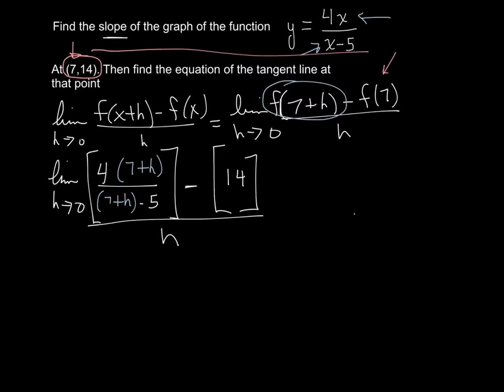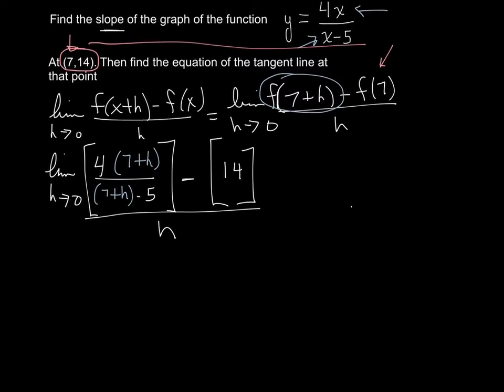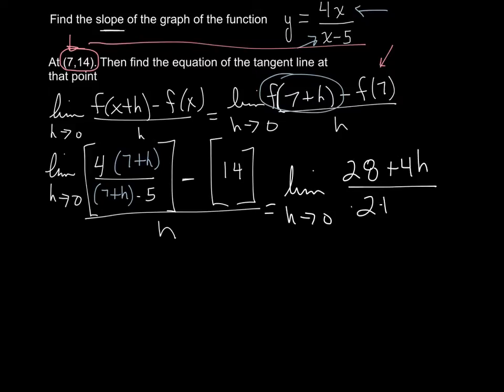So now we want to see what we can do with this madness. So I have the limit as h approaches 0 of 4 times 7, 28, plus 4h. On the bottom, looks like I'm going to have a 2 plus h, and then minus 14 all over h. Well, unfortunately, I'm going to have to get a least common denominator to be able to subtract these.